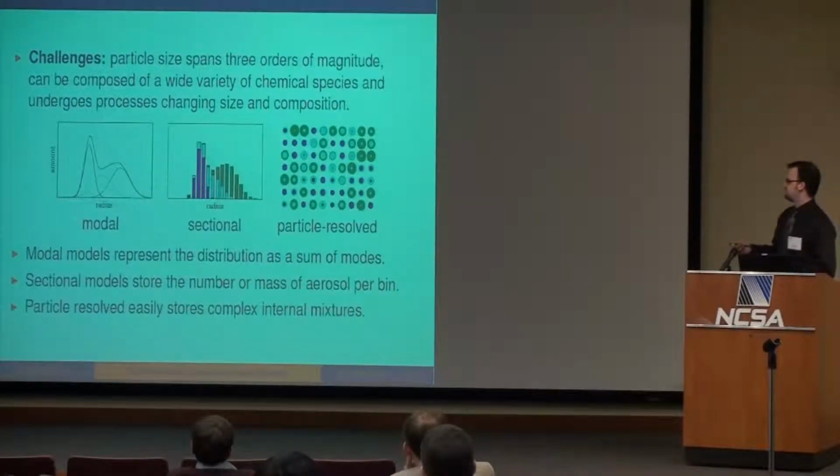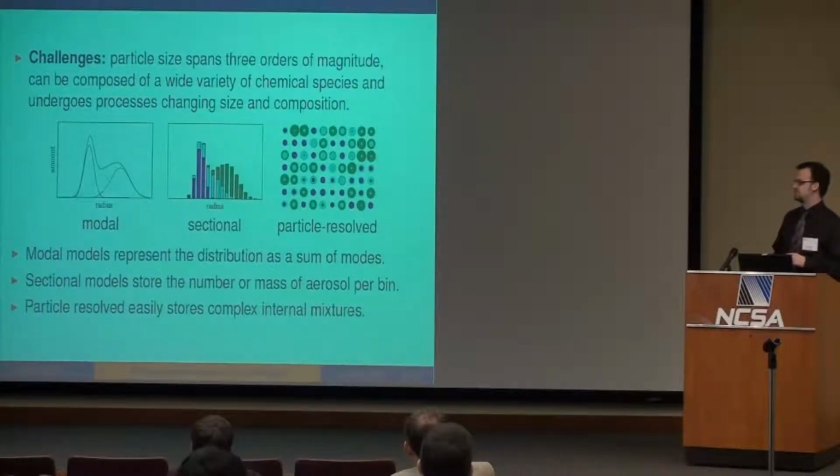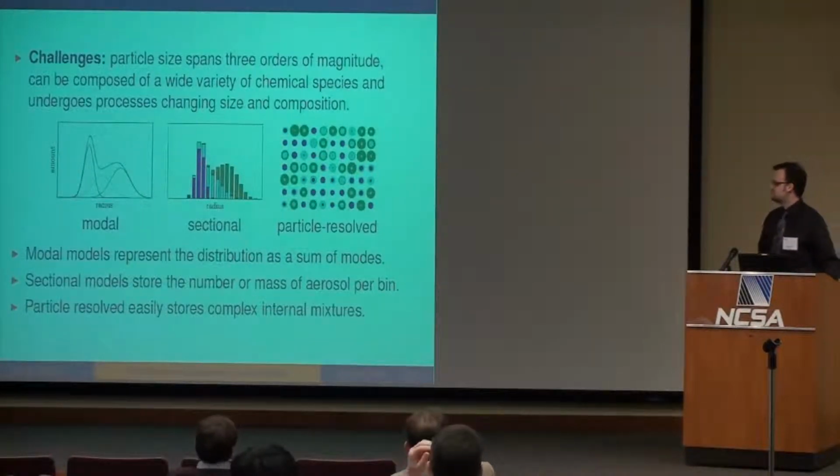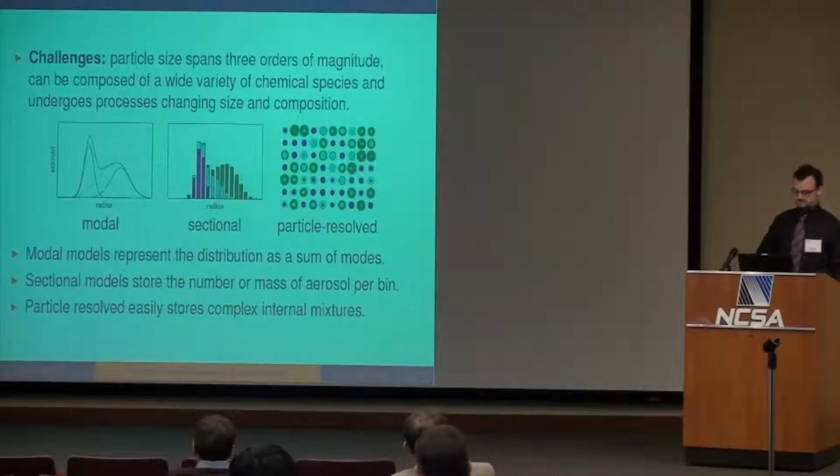On the left here, the two left images are typical ways that atmospheric models currently represent their aerosols. One popular way is a modal approach, where you represent the distribution as the sum of modes. This is particularly appealing because it's very computationally efficient. Much more accurate, but much more expensive, is sectional modeling, where it stores number and/or mass in each aerosol bin.